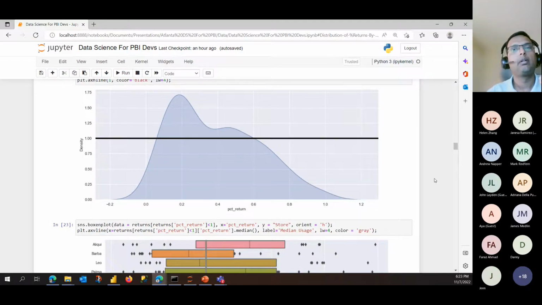And this is where the difference lies between a BI analyst, a BI developer or a data analyst, and a data scientist. A data scientist will look at the uncertainty in the data, the overall distribution of the data, and dig deeper into the data. Whereas when you are working as a Power BI developer, you are more interested in what has happened at an aggregate level.